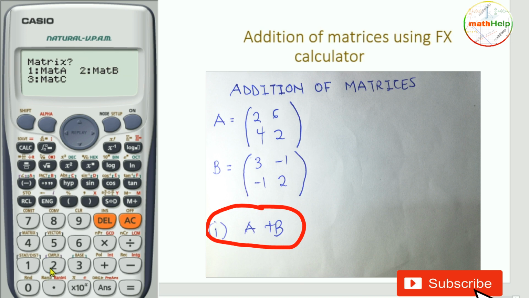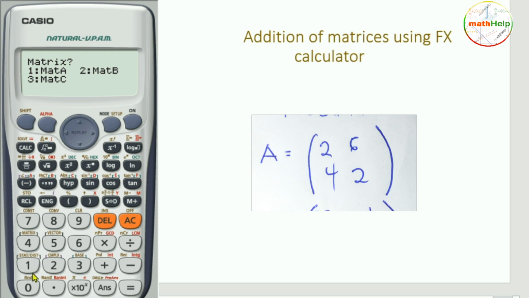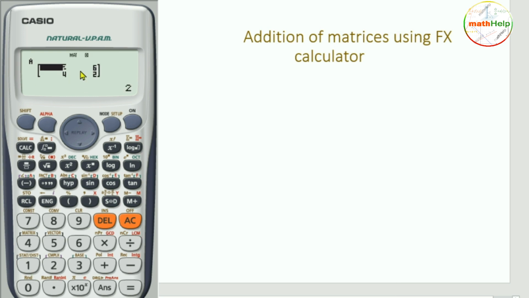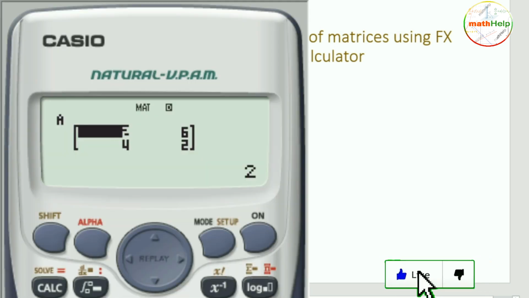I said earlier that every data we enter in matrix mode is automatically stored in memory. So if you click on option 1, which is matrix A, we are supposed to get 2, 6, 4, 2, the data we inputted. Let's check. Our data is intact.